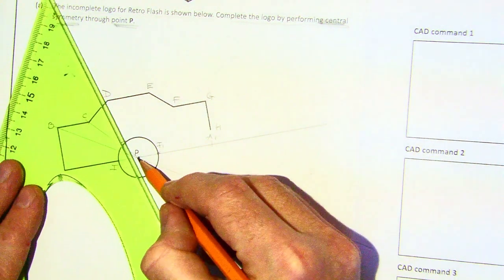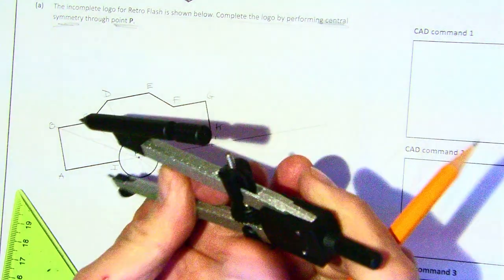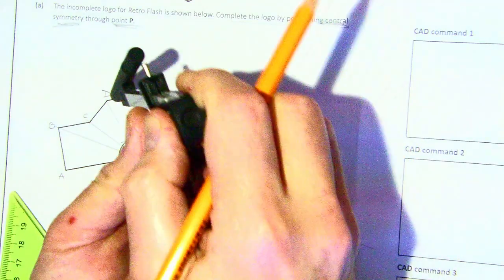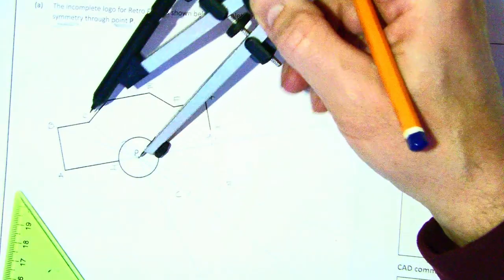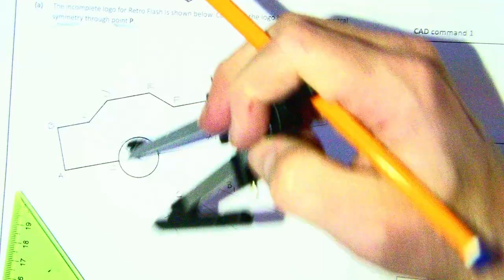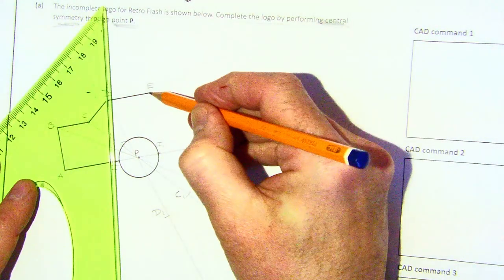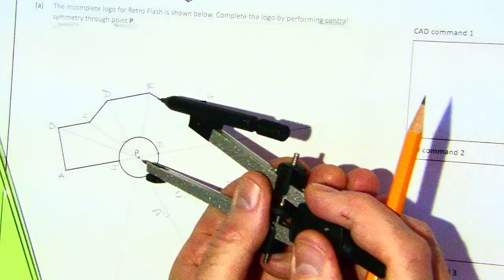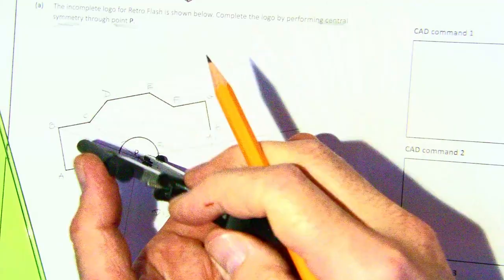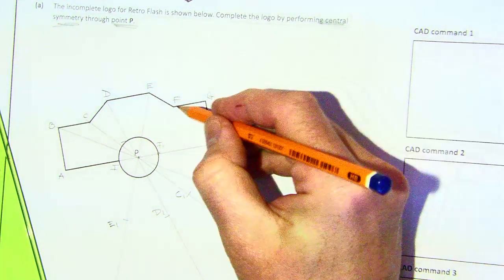And you simply continue around with all these points. Now some of you may be able to draw all the lines. Okay, so you measure out to D, rotate that around. It's going to get us D1. E1.